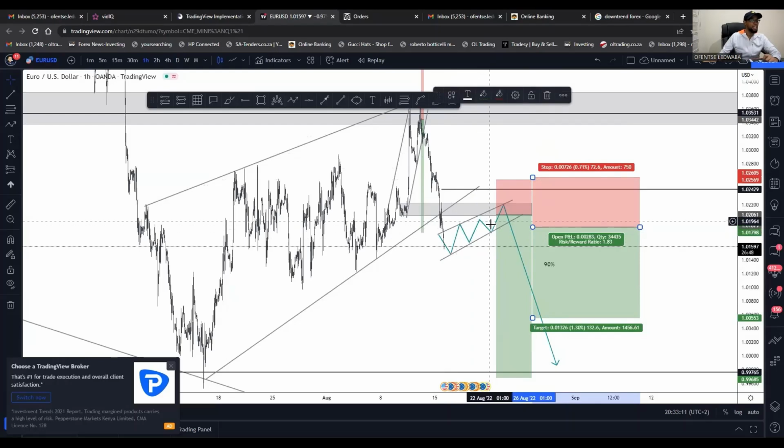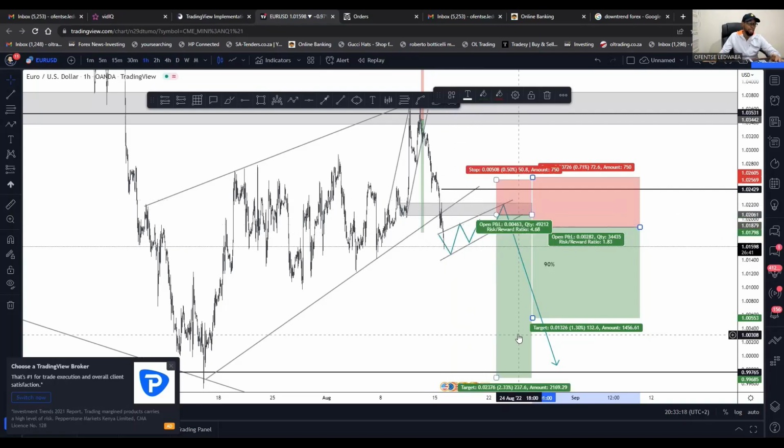It can be a rising wedge, it can be a bearish flag. So you just need to see how the market is correcting. If it's correcting to the upside, we expect a further move to the downside.